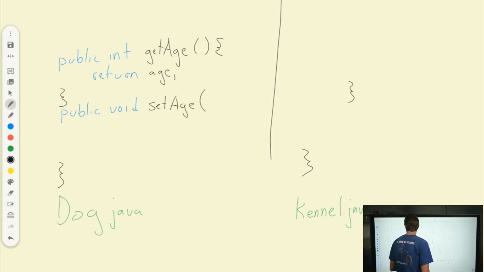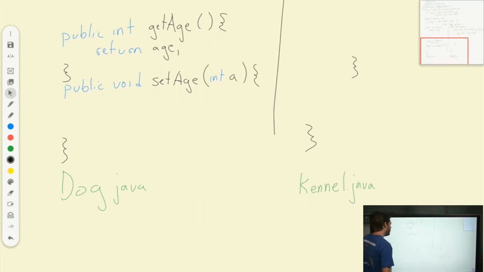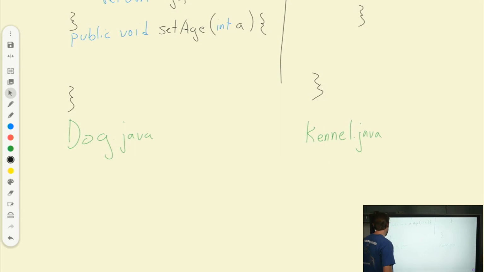So public void setAge, we're going to take in an argument of an integer type age. Or actually, let's just call it a for the moment, for age. So now we take in an integer a, let me go ahead and move these down here, give myself a little bit more space. So we've taken in int a.